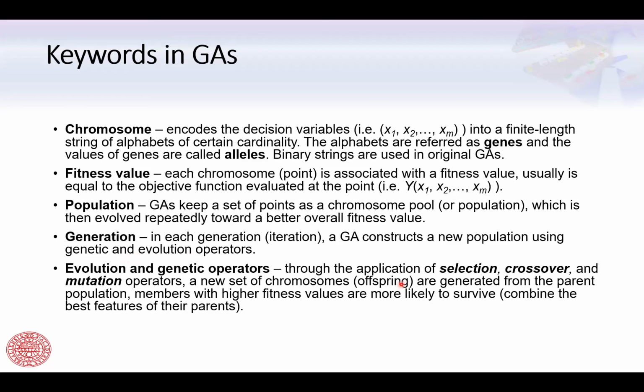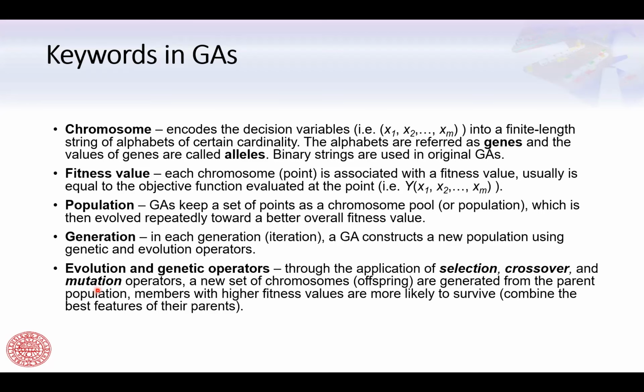These genetic operators are very important to the genetic algorithm, because without these specific operators, what you have is a variant of the genetic algorithm, maybe some sort of customization, but probably not something proposed in the original version. In the original version, you have selection, crossover, and mutation.